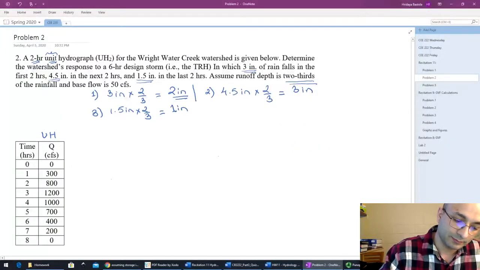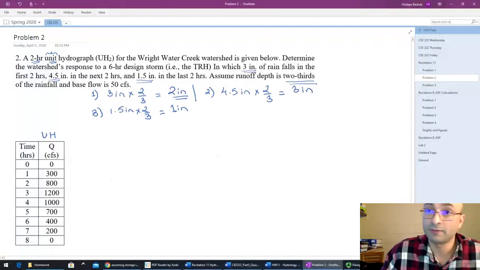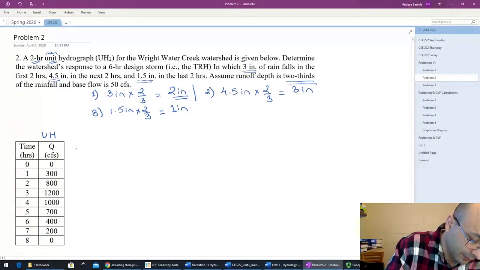So to find the contribution from the first 2 hours, we can do 2 times the unit hydrograph, and it will have the same units of cubic feet per second.